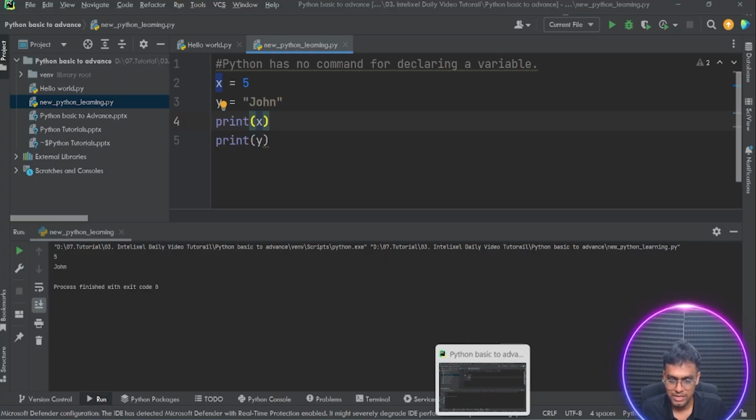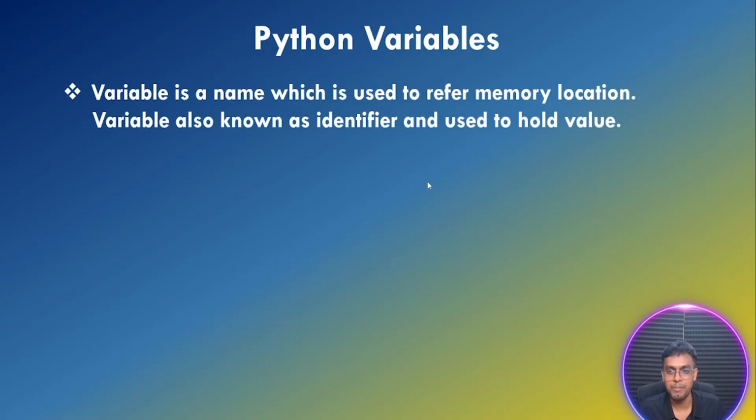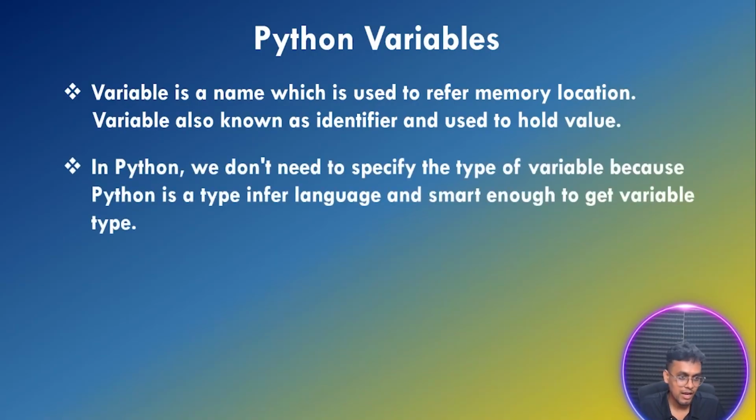So there I have explained that a variable holds a value and is known as an identifier. In the second line, in Python we don't need to specify the type of the variable, because Python is a type-inferred language and is smart enough to work it out. In many languages you have to declare the type, whether integer, boolean, or string, for whatever variables you declare.